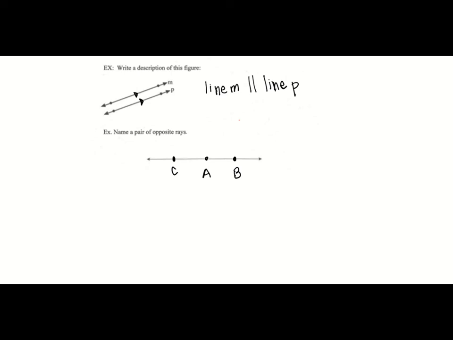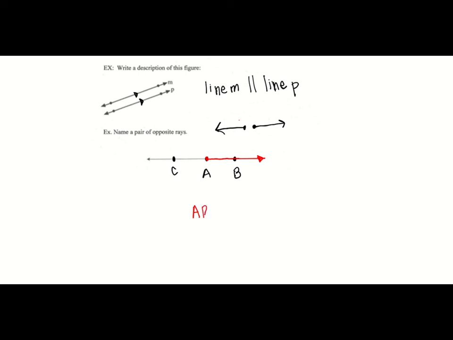Okay, last example, name a pair of opposite rays. Remember, a ray has an endpoint and is going in one direction. If I have opposite rays, that means I want them going in opposite directions. One ray going this way, one ray going this way. If I look at my figure down here, if I start in the middle at point A and go to the right, that is one ray. I would call that ray AB.